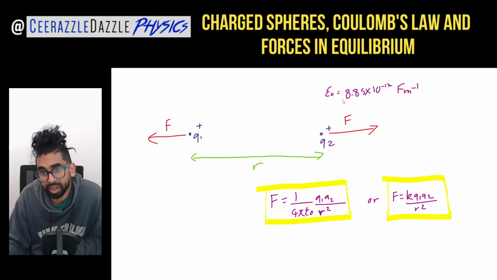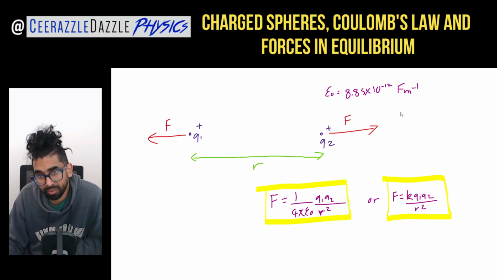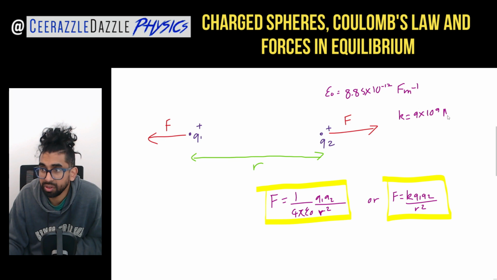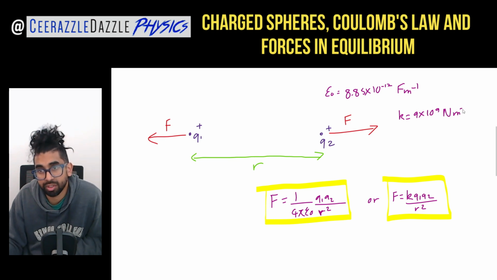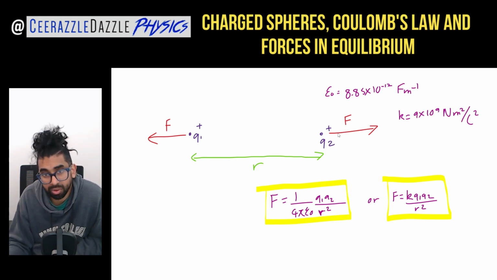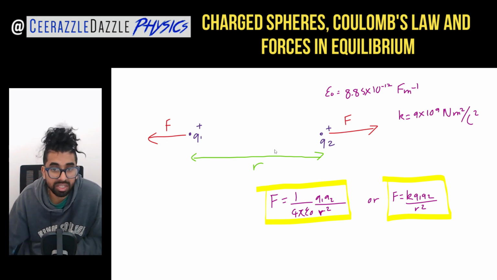And the value of k you can simply remember as 9 times 10 to the power of 9 newton meters squared per coulomb squared. Make sure you can see where those units come from. Hopefully you understand what Coulomb's law is, but now let's look at it in an example.